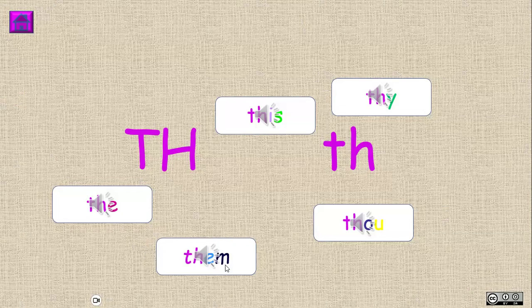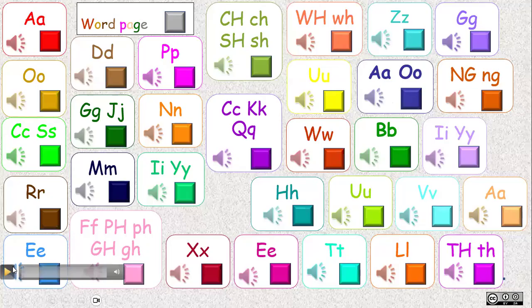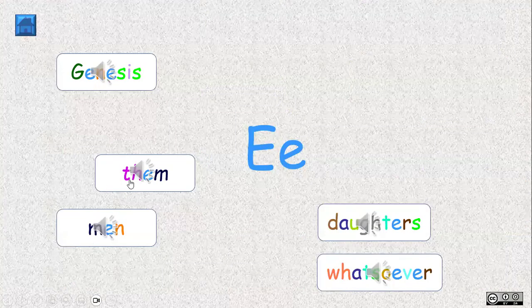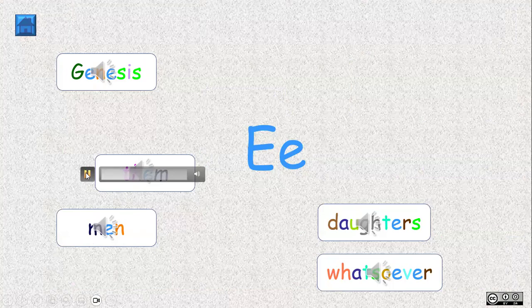The next sound is the blue E. And down here, it still says eh. Go to that page, and we will find the word them.